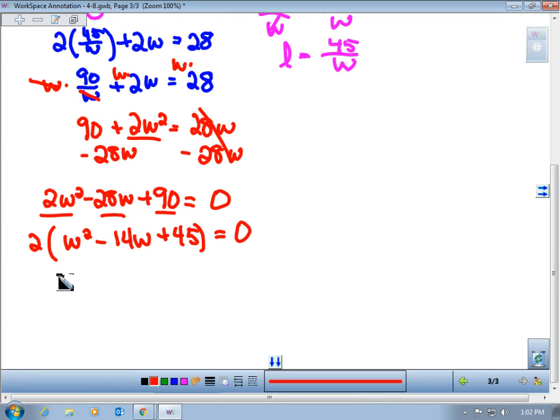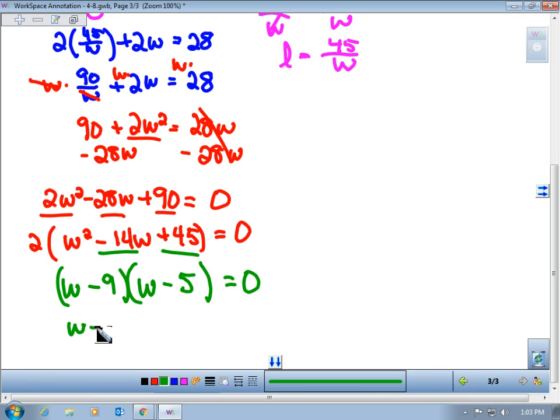And then I'm going to do my factoring here. So I get W and W, two things that multiply to be 45 and add to be negative 14. I think that's negative 9 and negative 5.